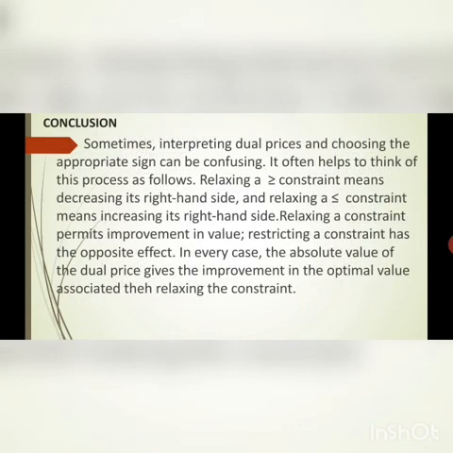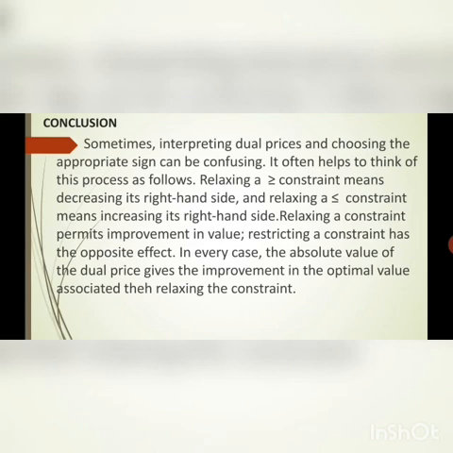So, for conclusion, sometimes interpreting dual prices and choosing the appropriate sign can be confusing. It often helps to think of this process as follows: relaxing a greater than or equal constraint means decreasing its right-hand side, and relaxing a less than or equal constraint means increasing its right-hand side.